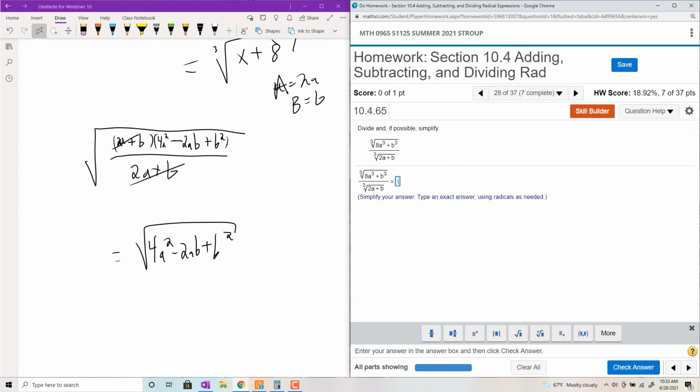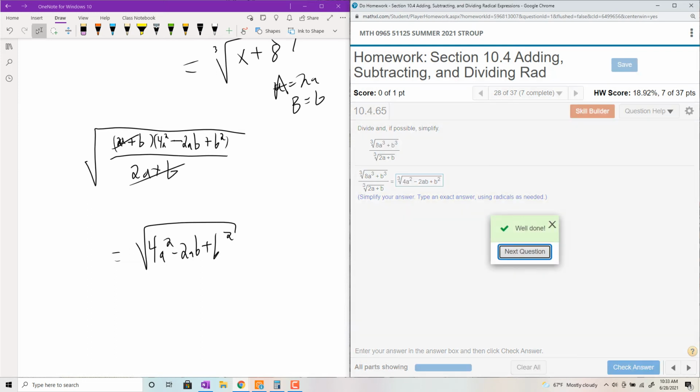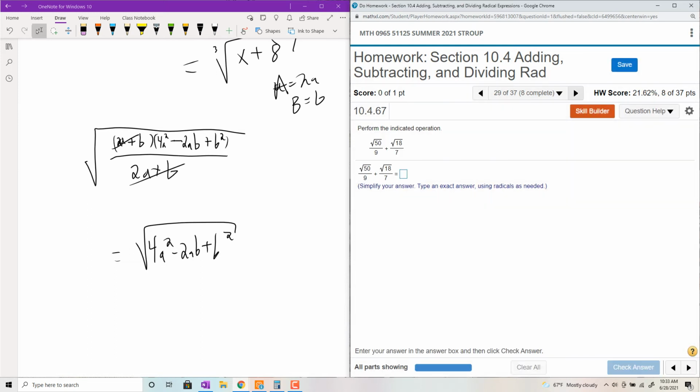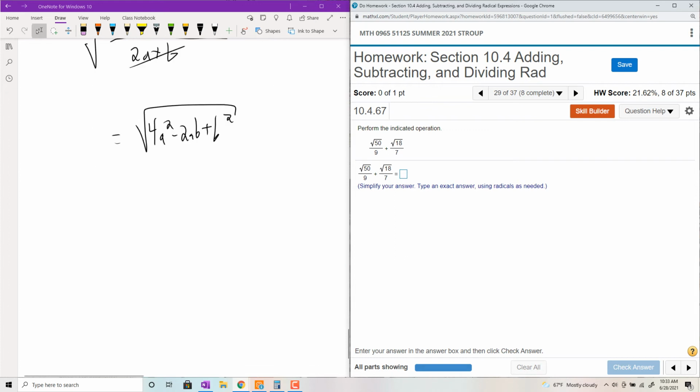Okay, so slash nert, cube root of 4a squared minus 2ab plus b squared. Okay. So maybe these are like terms, but you can't see it.